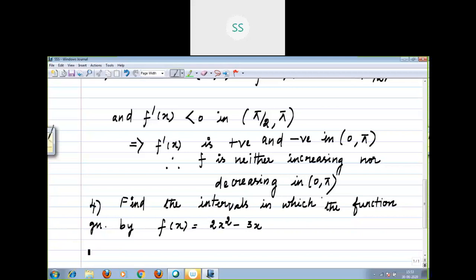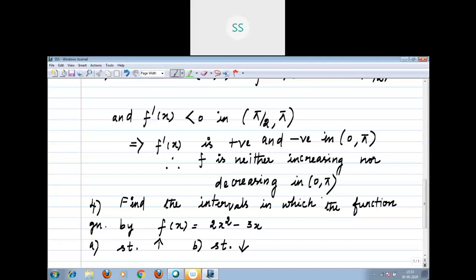is strictly increasing, that is our first subdivision. The second subdivision is strictly decreasing. Up to which limit the function is strictly increasing, and up to which limit the function is strictly decreasing, we are going to find.